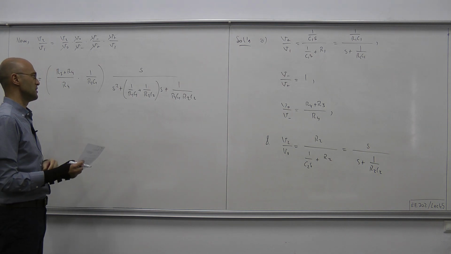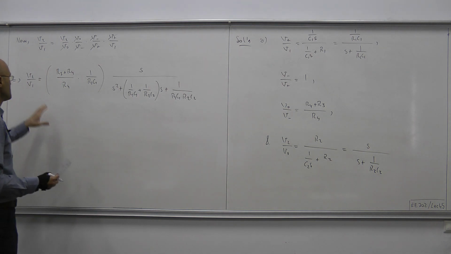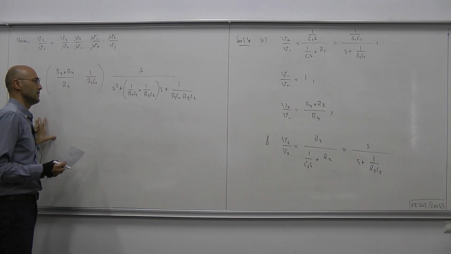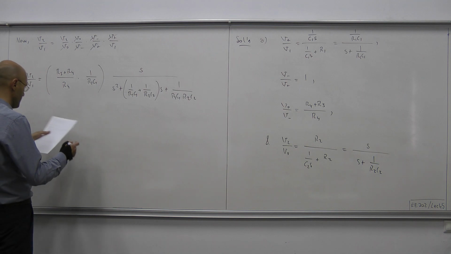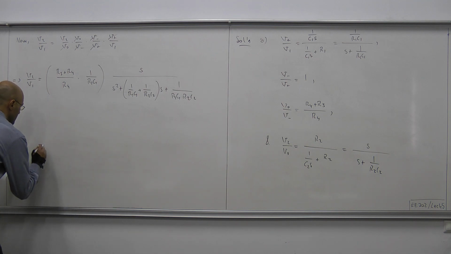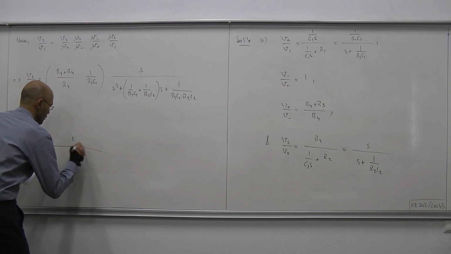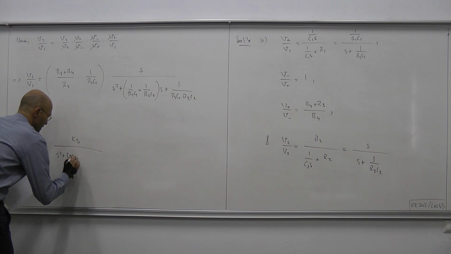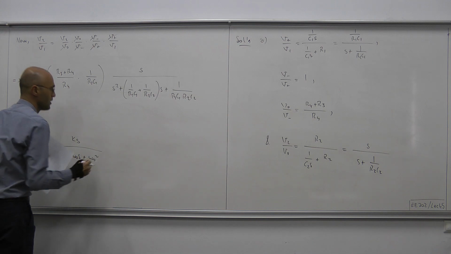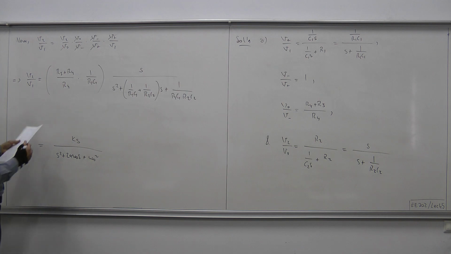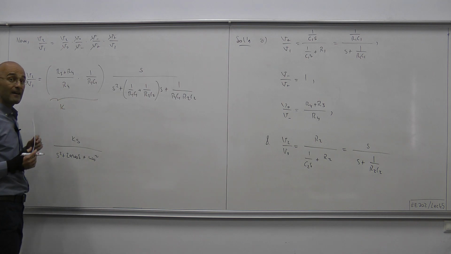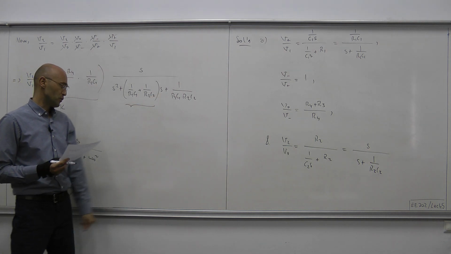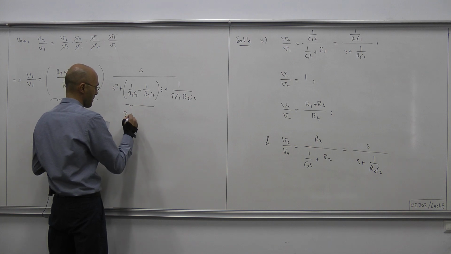So this prototype we immediately recognize belongs to the bandpass filter, where we have used the following notation: Ks over S squared plus 2 alpha omega 0 S plus omega 0 squared. That means this thing here is our K. This thing here, the coefficient of the first order term, equals alpha omega 0.